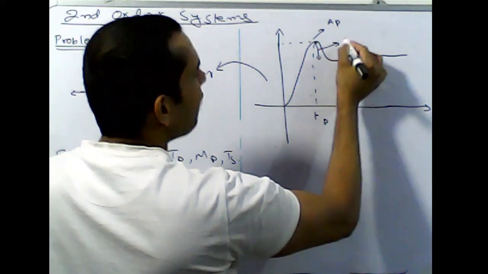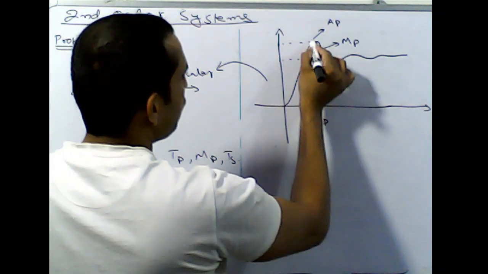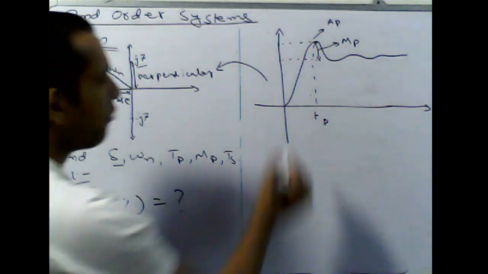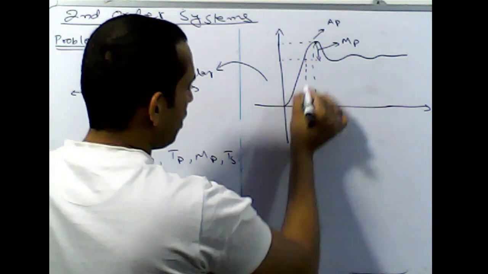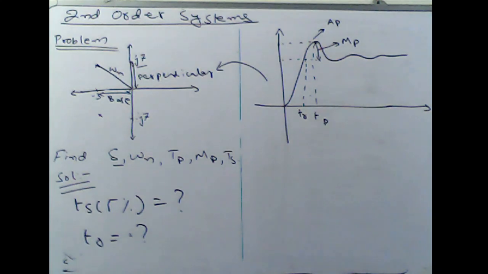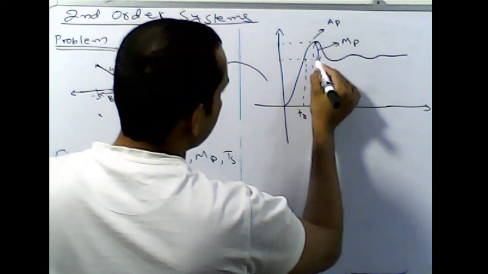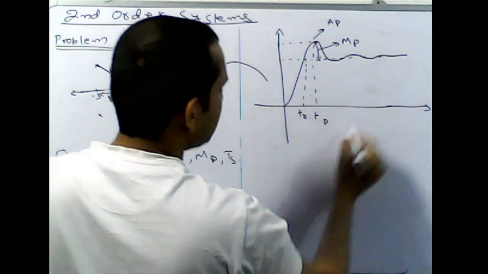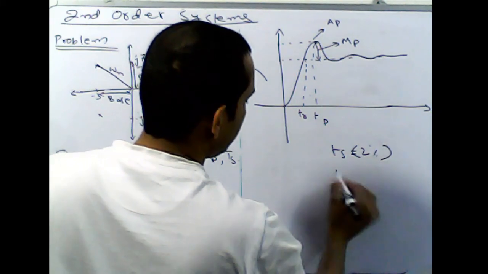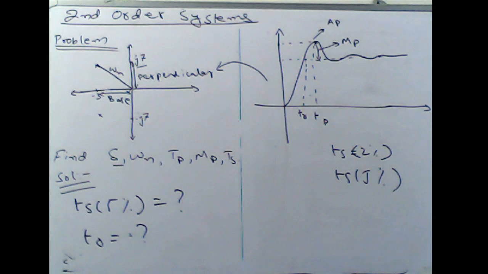Then you have to mention the MP, which is the distance from here to here. Then you also have to mention the TR, which is rise time, and the settling time 2% and 5%. So that is your homework.